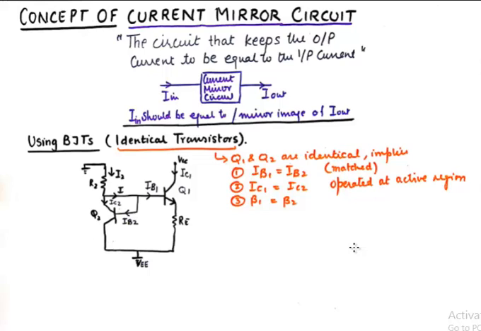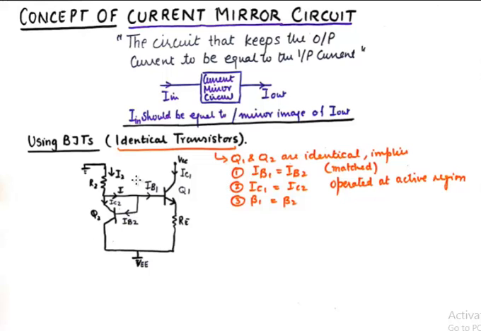Alright, let's look at the conditions for identical transistors. When we say Q1 and Q2 are identical, that implies that IB1 will be equivalent to IB2 and IC1 will be equivalent to IC2. They operate in the active region where beta 1 is equivalent to beta 2. So we can label them as A, B, C conditions, and both these transistors are operating in the active region.